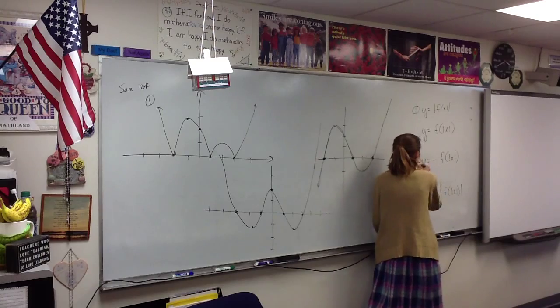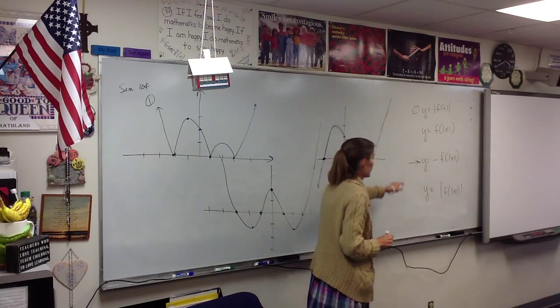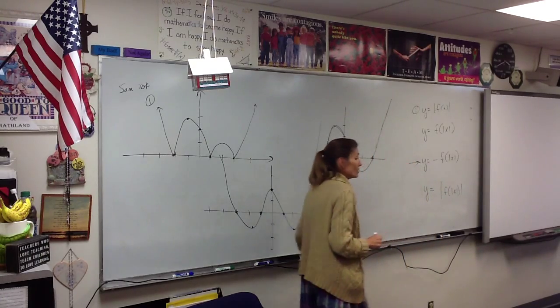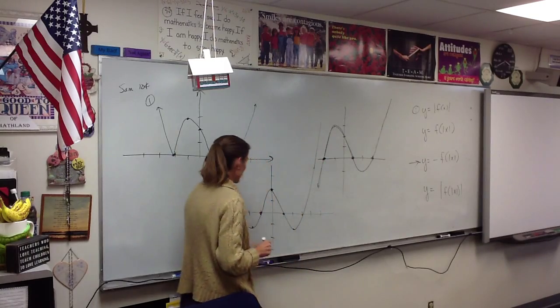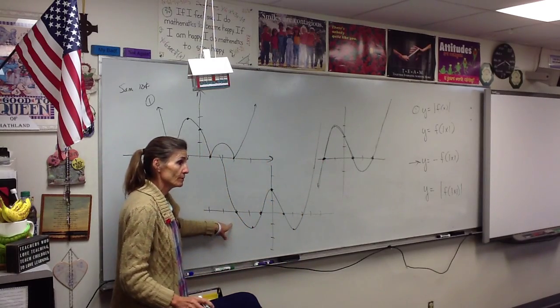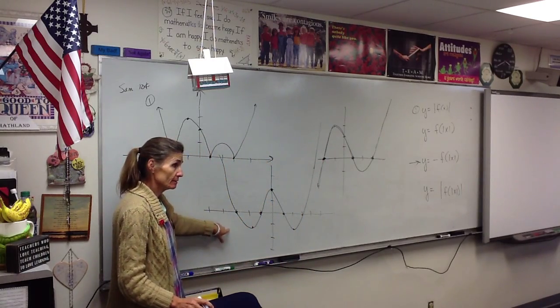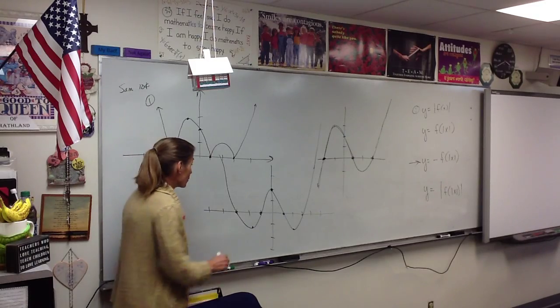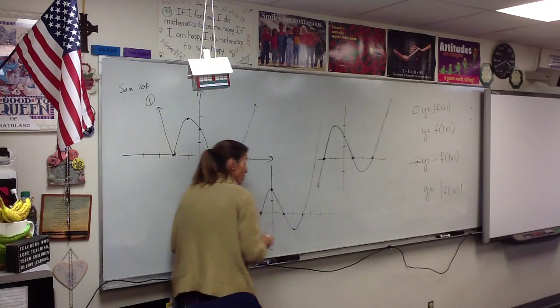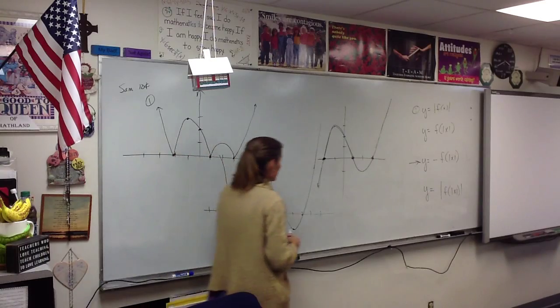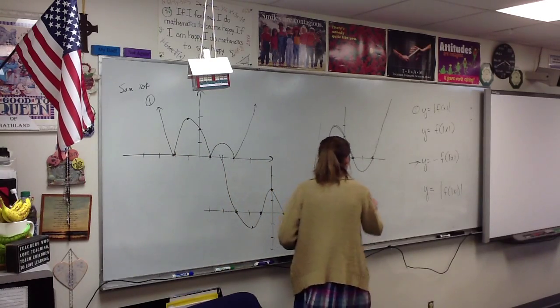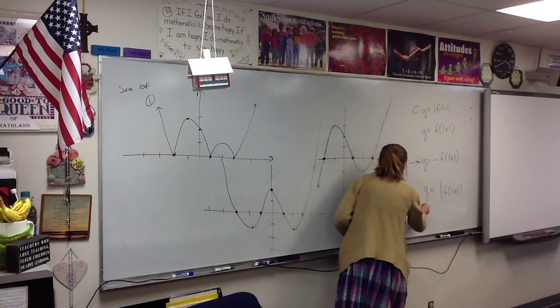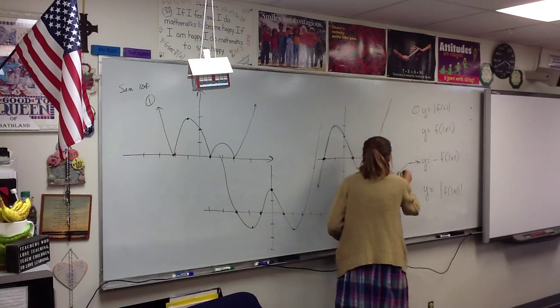Now take a look at this one. Number 3. What does that one tell me to do? Take this and flip it. So it's a W. What's going to happen when I flip it? I'm going to get an M. So now I'm doing this one right here.